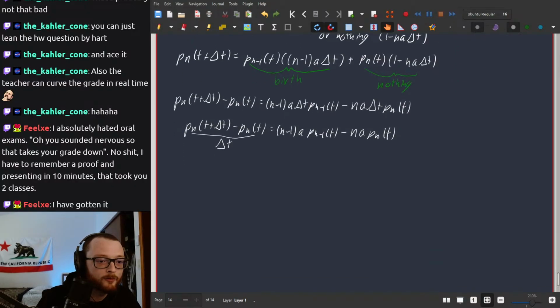And then you can take the limit as delta t goes to 0, because this is valid for small delta t.